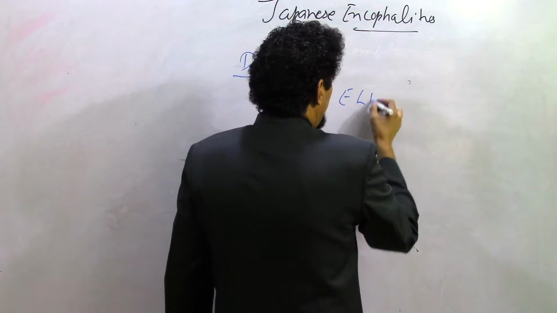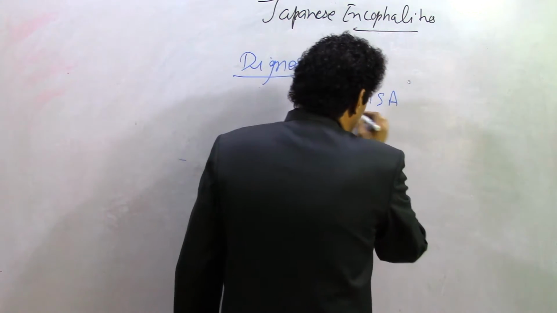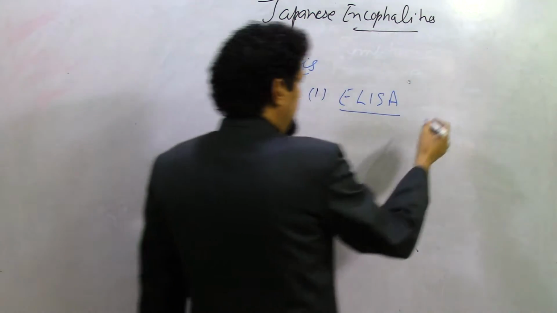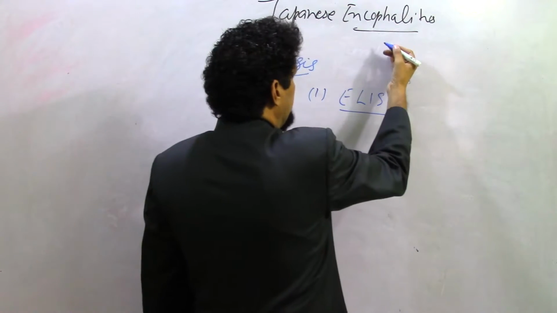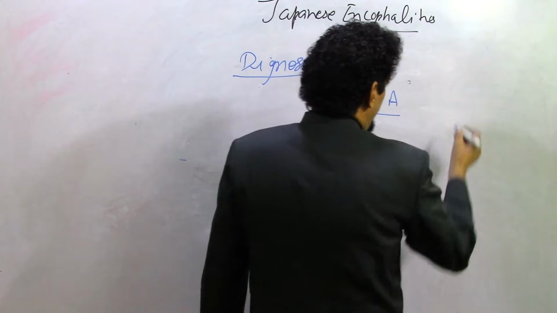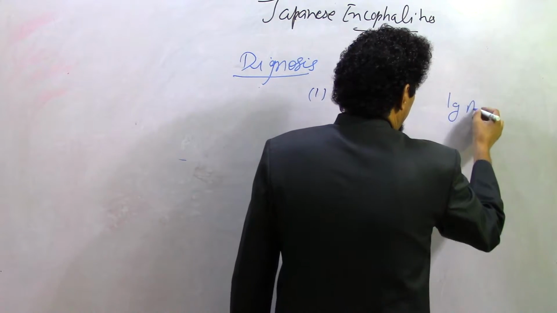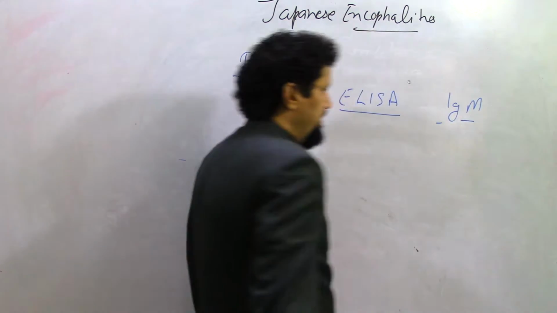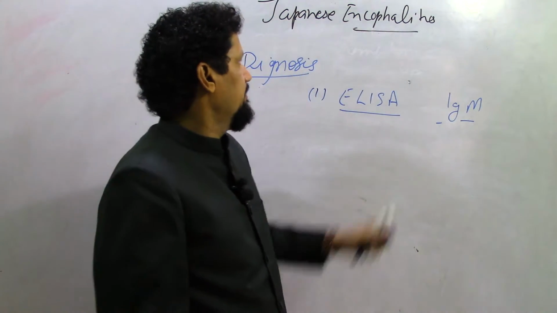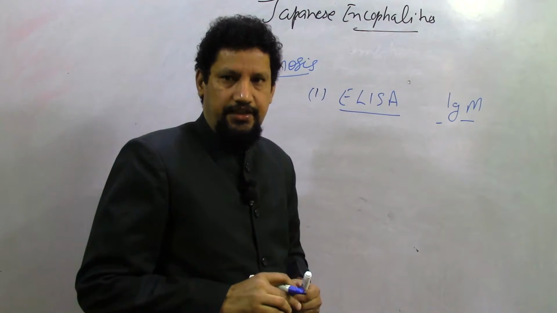So the diagnosis is ELISA. The ELISA captures the Japanese encephalitis specific antibody IgM. The IgM is increased in the CSF and serum.